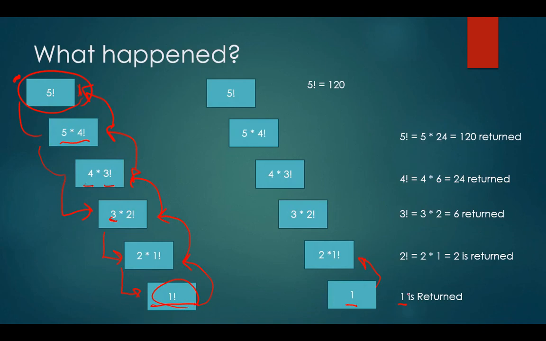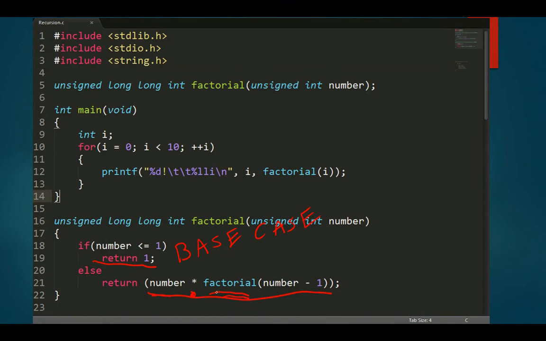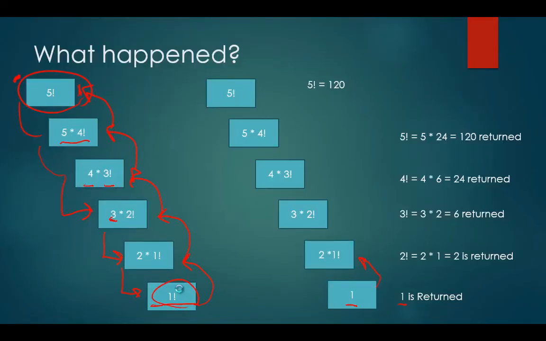Because when we reach the base case, that starts the return chain. Every recursive function call can now return. So now that we can return, we can take the value that's returned by that function call and multiply it by the number. So we return 1. To get to this condition, we had 2 times 1, so now we can multiply 2 times 1.